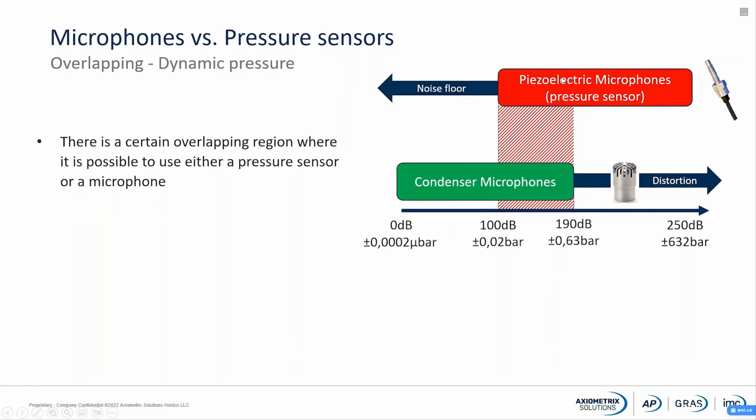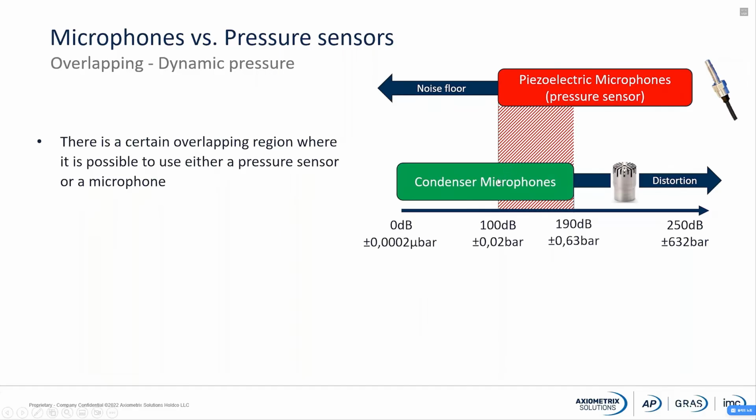And therefore, you can see here, if you take a piezoelectric microphone or a pressure sensor doing dynamic pressure measurements, then you will have a noise floor that is basically starting around 100 decibel. And then you can't really see anything because the inherent noise in the sensor itself is going to hide the real signal.